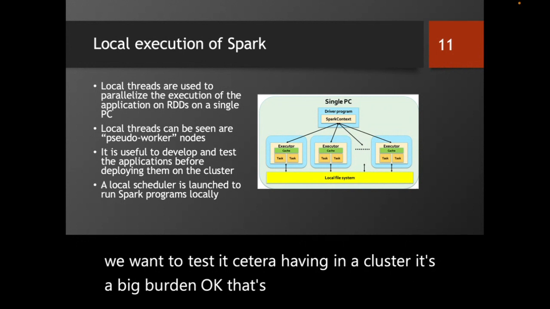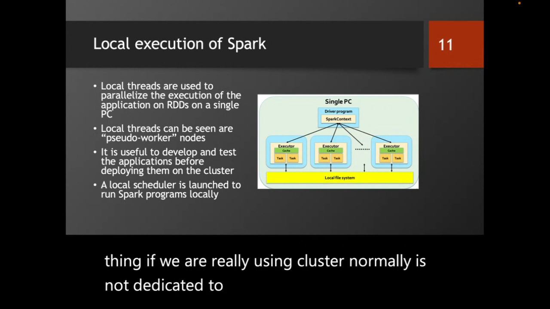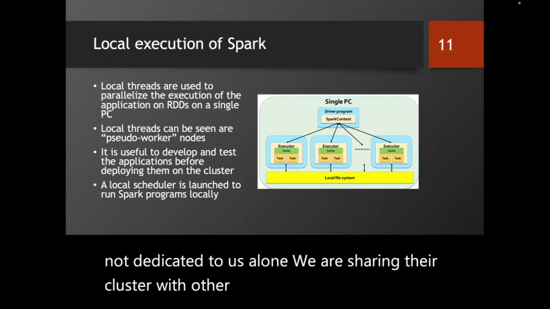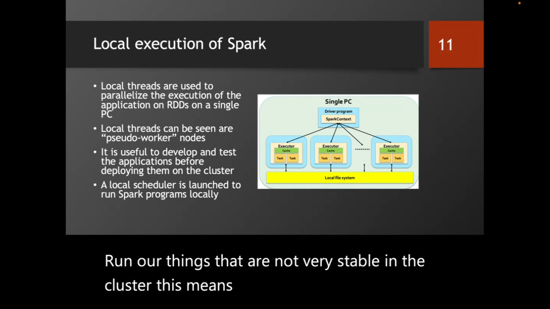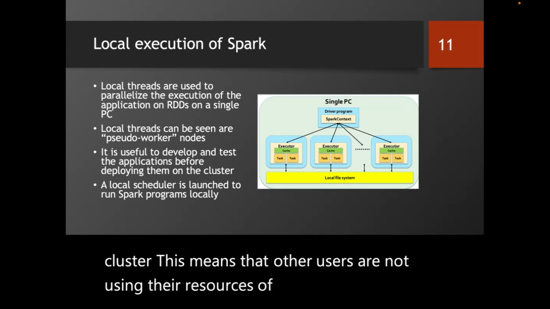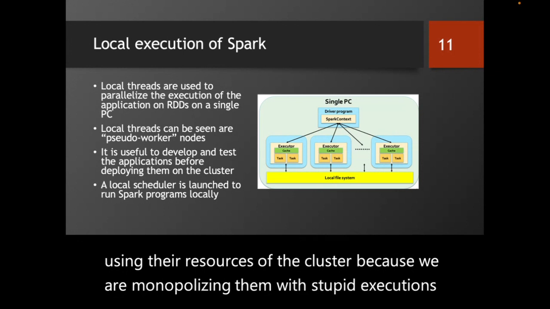That's one thing. And the other thing, if we are really using a cluster, normally it is not dedicated to us alone. We are sharing the cluster with other people. And if we run things that are not very stable in the cluster, other users cannot use the resources of the cluster, because we are monopolizing them with stupid executions, okay?